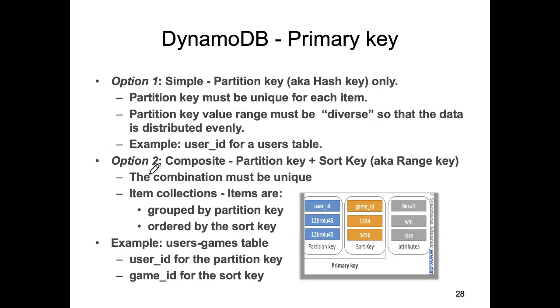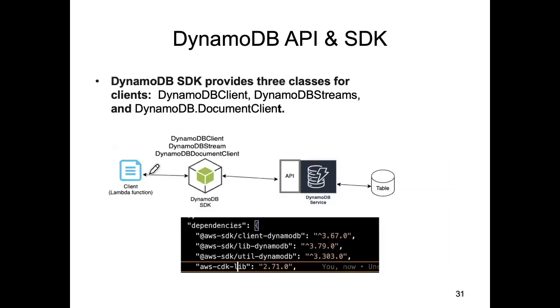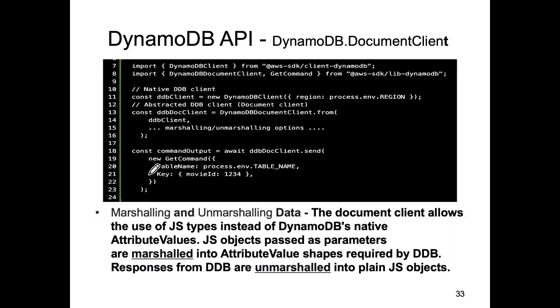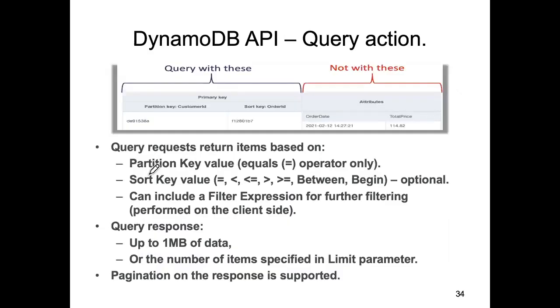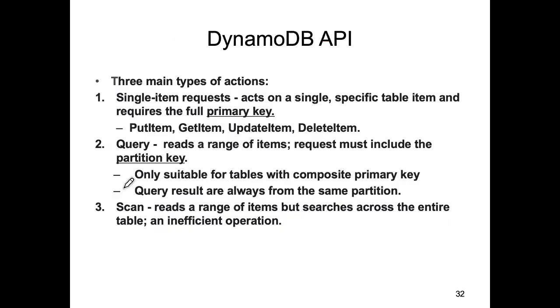Okay, so if I go back to the slide that I started talking about, which is this one here. So query operations only make sense in the context of tables whose primary key is a composite key. And I want to talk a little bit more about that in a moment.